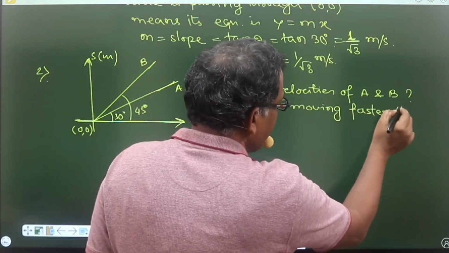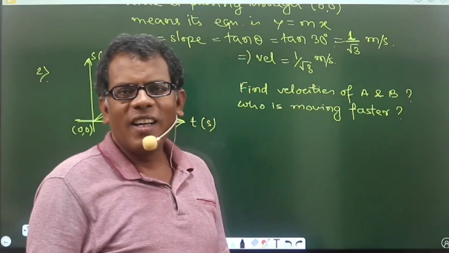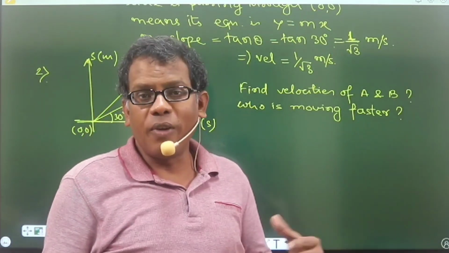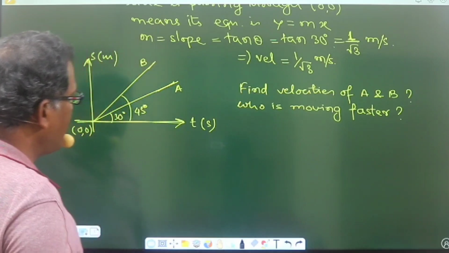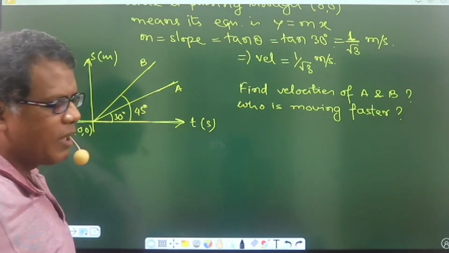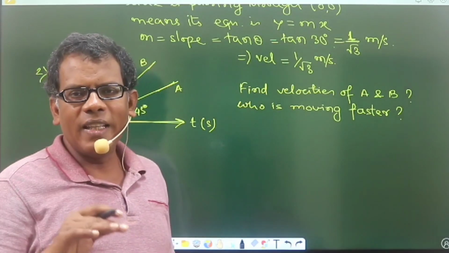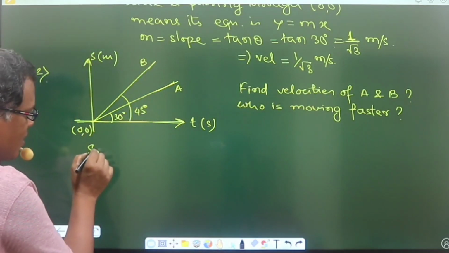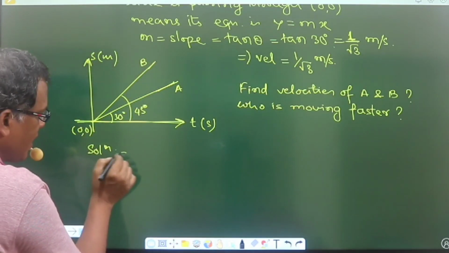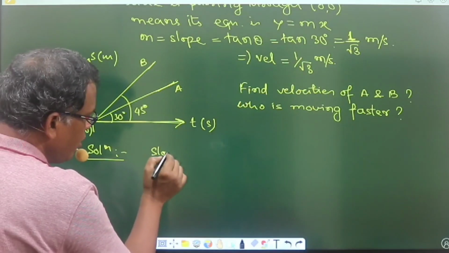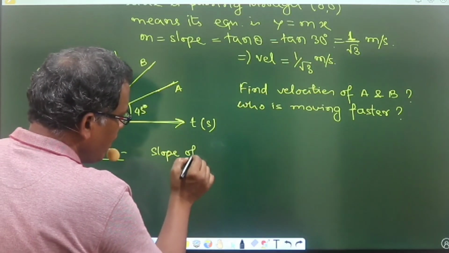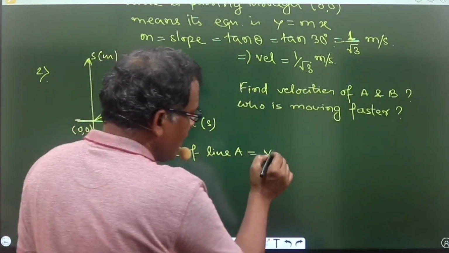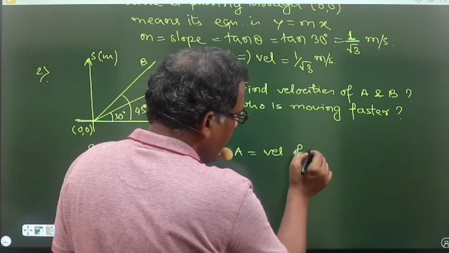Quite obviously, the one who has the greater velocity value is definitely moving faster than the other one. As we know, like the previous one, the slope of the line represents velocity. So here I can write down the answer in this way, saying that the slope of line A is basically the velocity of particle A, right?